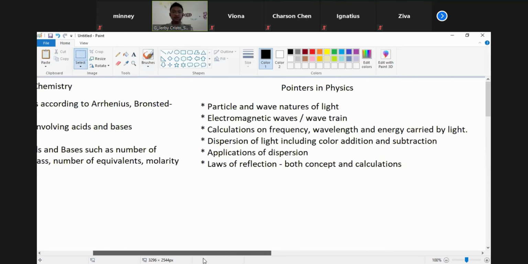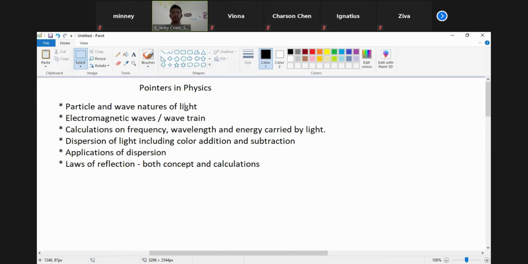And then for the physics, we have the particle and wave natures of light, the electromagnetic waves, which light is a part of, and then the parts of a wave train, and then how to calculate the frequency, wavelength, and energy carried by light, and then also the dispersion of light, including color addition and subtraction, and then some applications of the colors of light, and then laws of reflection, both concept and calculations.